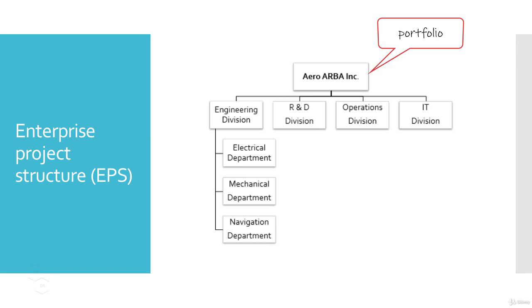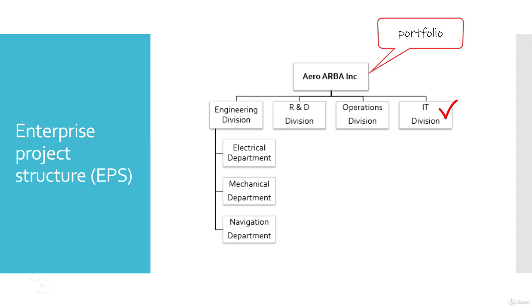Now, beyond that, we have the Operations Division, where we deal with the routine airline operational activities in the company. And then finally, the Information Technology or IT Division, which is normally used to provide all the IT services that are needed for the different divisions and departments in the organization.